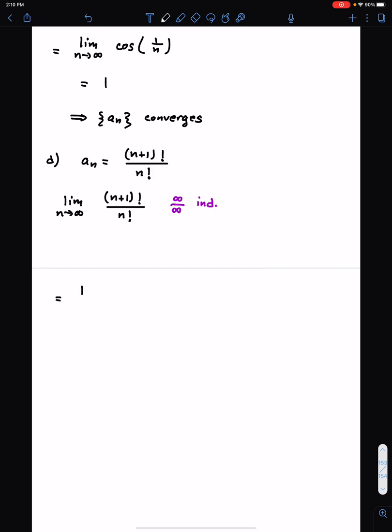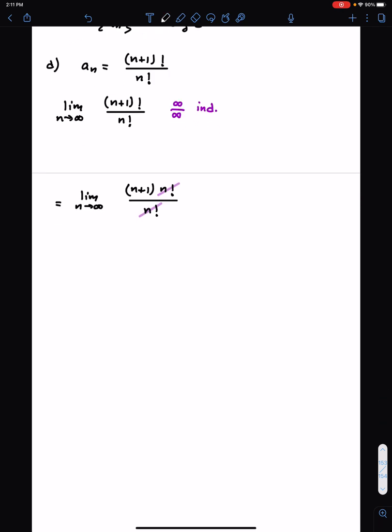So this is equal to the limit as n approaches infinity of n plus 1 times n minus 1 times n minus 2 and so on. I'll leave it as an n factorial. Denominator is an n factorial. Now I have a common factor of n factorial on top and n factorial on the bottom.